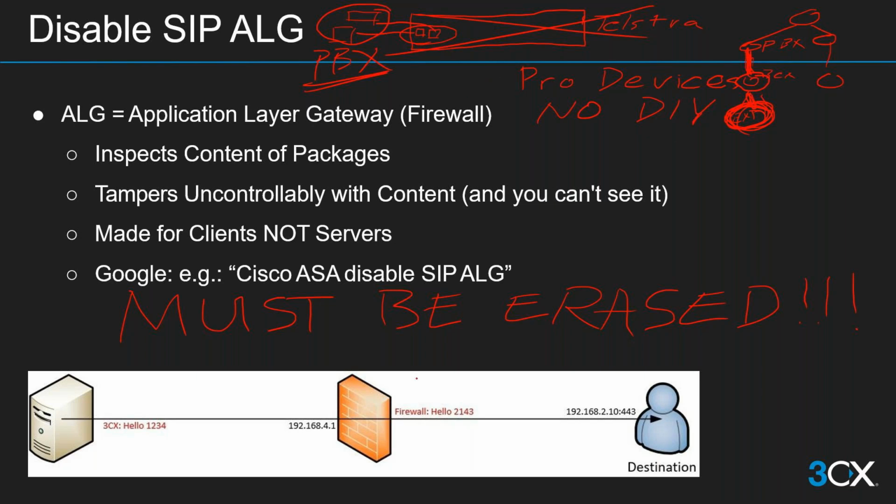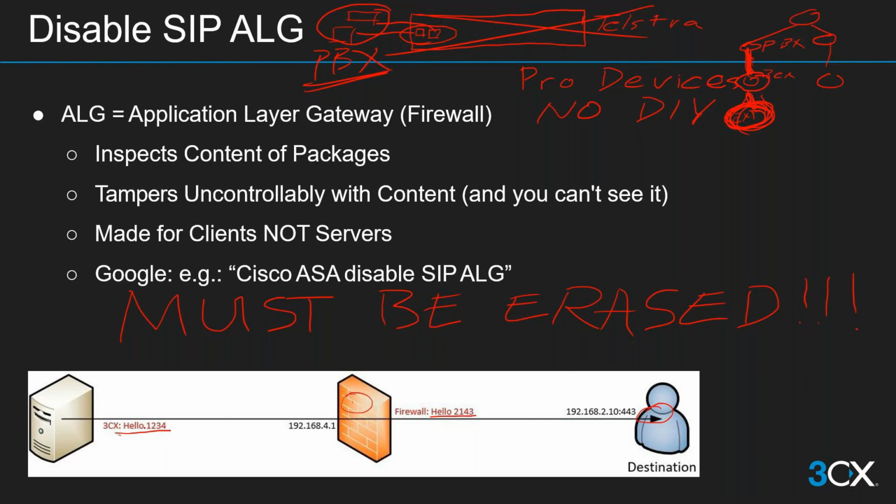So what does SIP ALG do? I send out information from my phone system across to the destination. That can be the SIP registration to the provider, or that can also be a normal call to someone else. Now, if SIP ALG is enabled on the firewall, it will change the information that is sent.